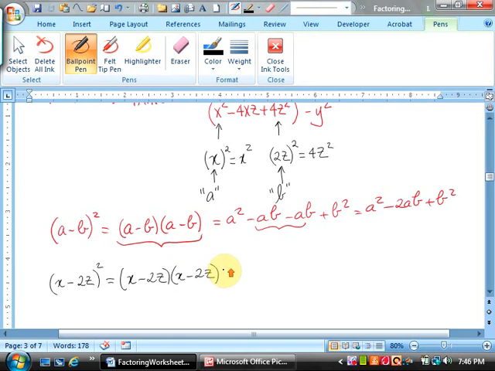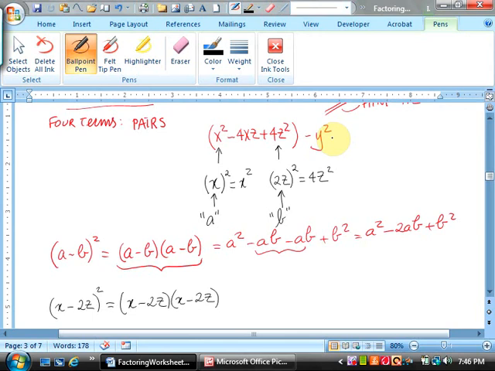Oh, but what happened to the y squared? The minus y squared up here. Well, this minus y squared is simply minus y times y. So here, I'm going to continue to call it minus y squared, but I have one negative, one positive.